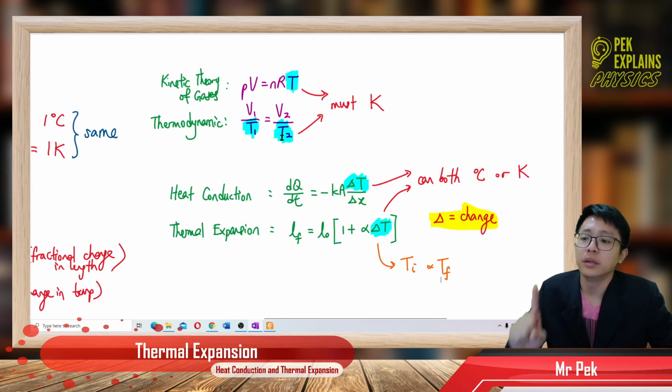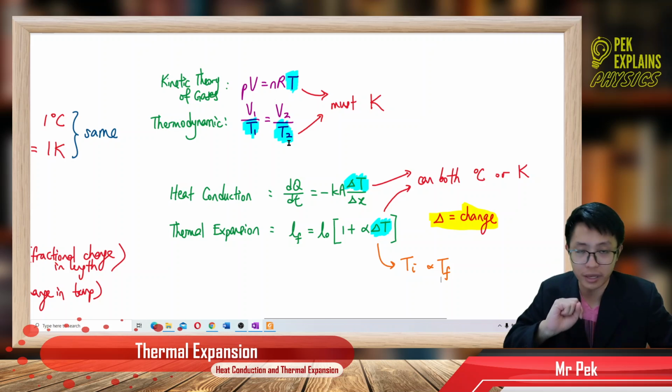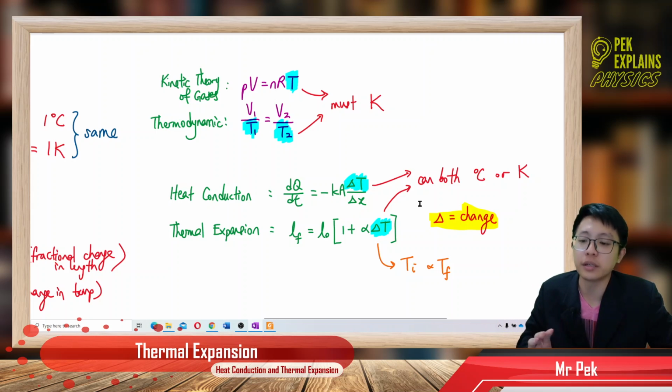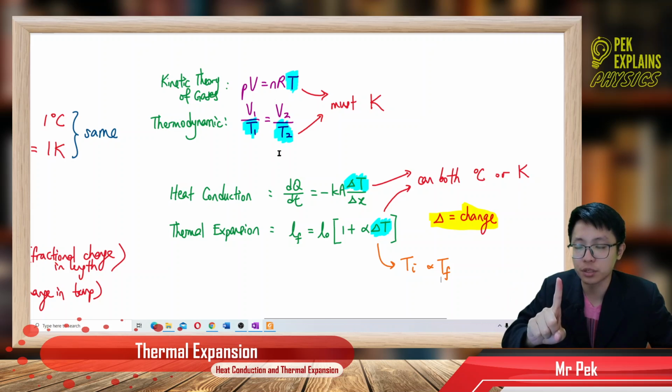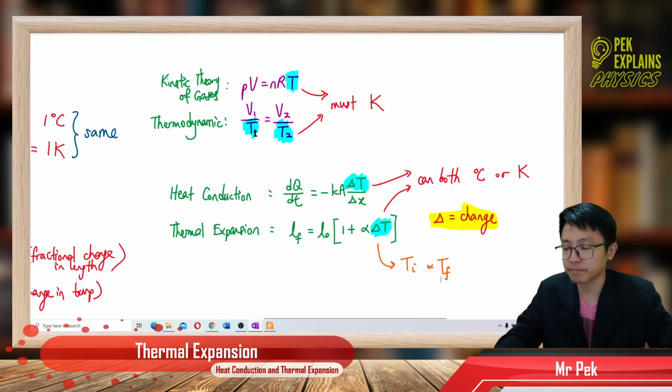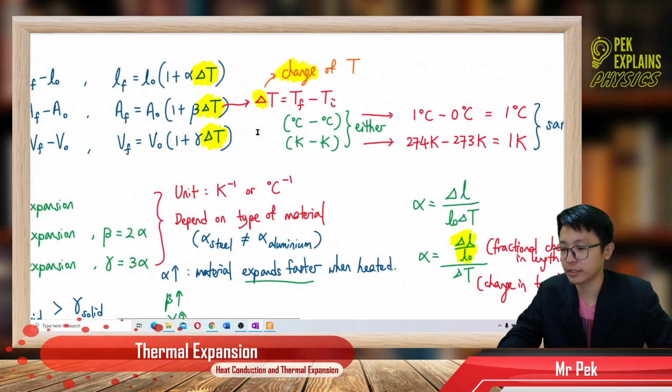This temperature you also must change to Kelvin. You cannot use degree Celsius. When you talk about change in temperature, you can use degree Celsius or Kelvin. But if only one temperature point is involved, you must change to Kelvin. Understand? I hope you understand.